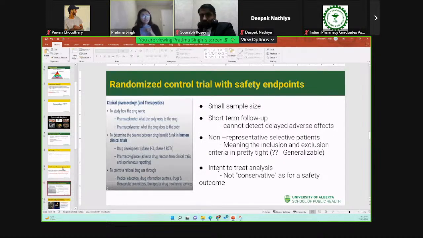So going ahead, why do I say it is important? We know about randomized control trial, right? But there's a harsh reality of randomized control trials. We always have very titrated inclusion and exclusion criteria. Whenever you look at how these studies are conducted, they are titrated in such a way that it is not a real-world scenario.